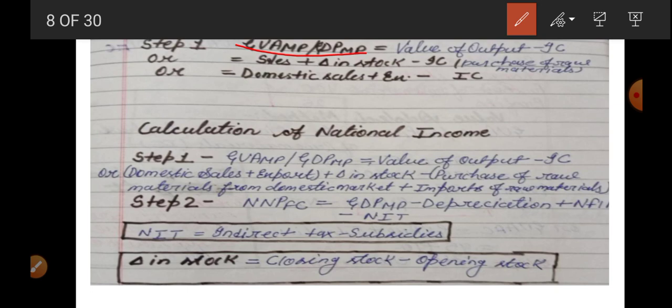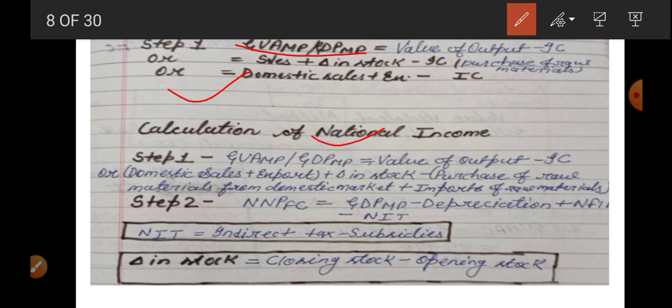Okay, now value of output we can write as sales plus change in stock minus intermediate consumption. And we can use another equation, that is domestic sales plus export plus change in stock minus intermediate consumption. Now, after doing this step 1, we use step 2 for calculating the national income.